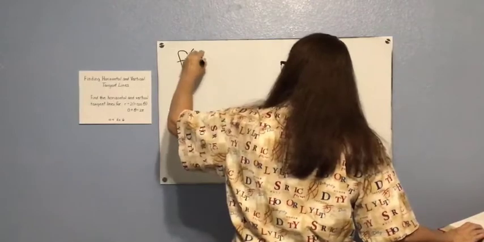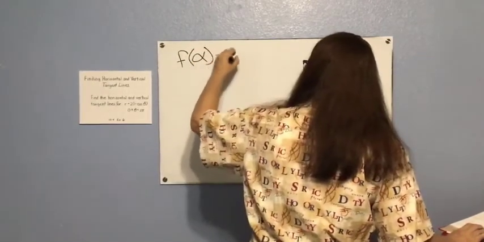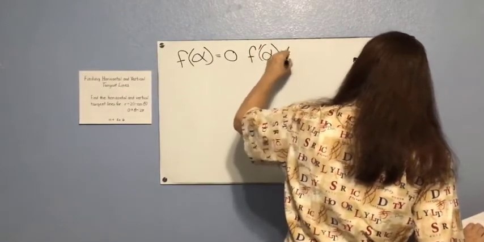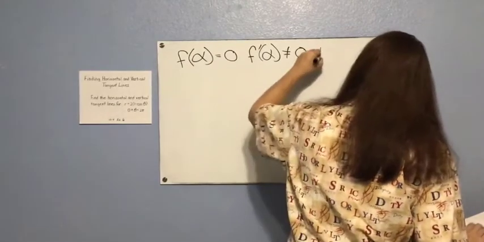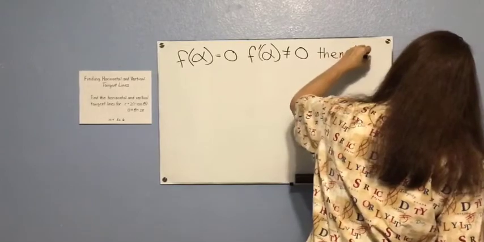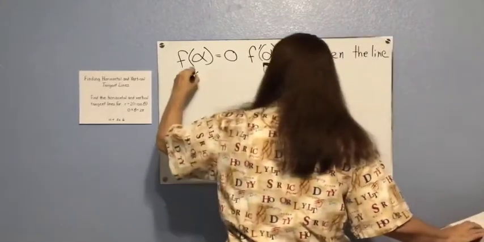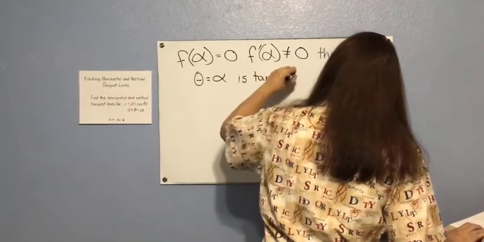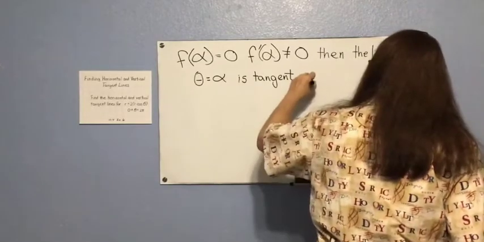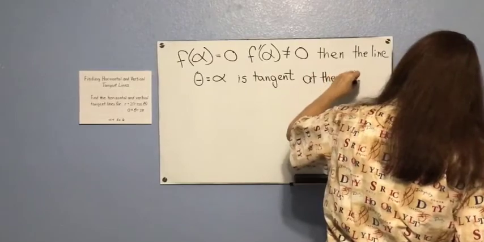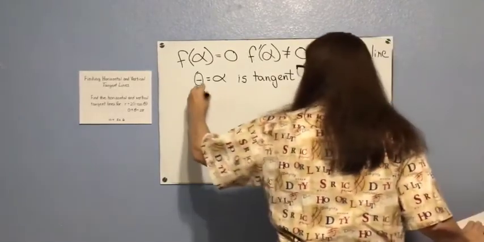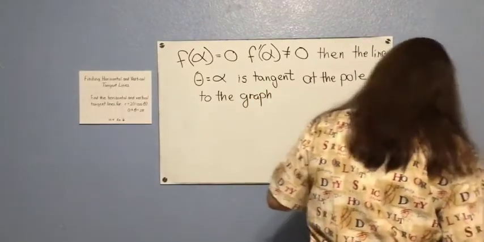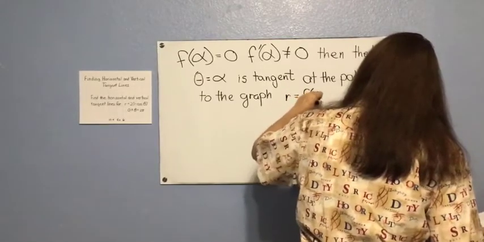If f of alpha is equal to 0, and f prime of alpha is not equal to 0, then the line theta equals alpha is tangent at the pole to the graph of r equals f of theta.